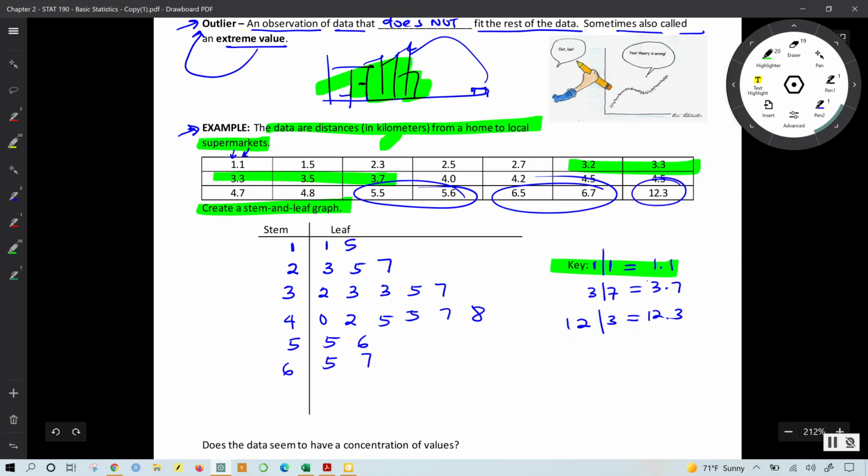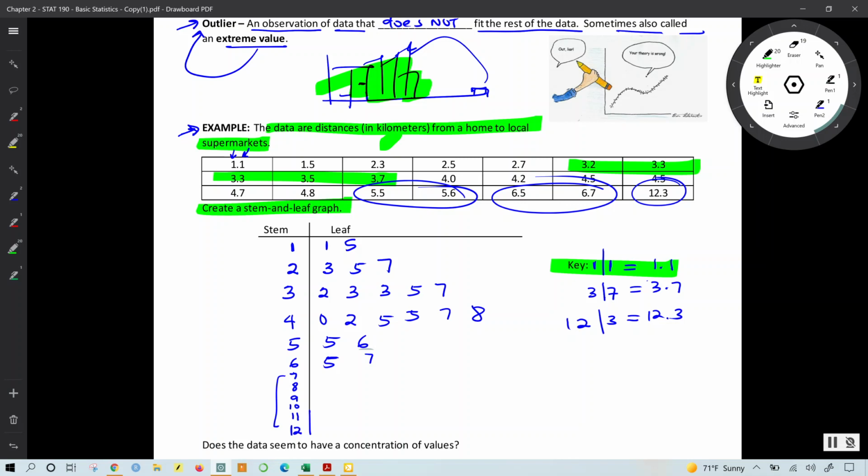Then there's a jump to 12. Take note of this. Very, very important. So I'm going to write this again. If we have a 12 here, we must sequentially and consecutively enter the numbers accordingly, like this. So there is no jump. We have to write all of these numbers. And this is one of the reasons why we say that stem and leaf plots are mostly effective for small data sets.